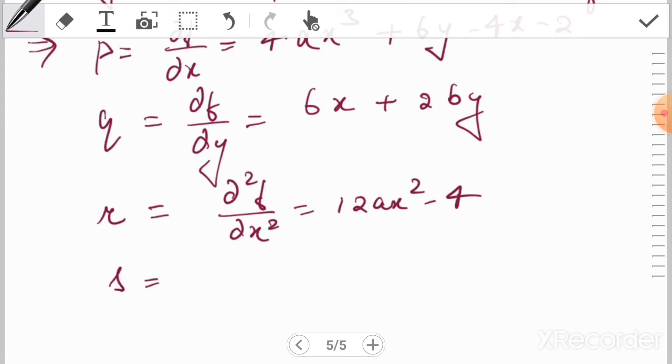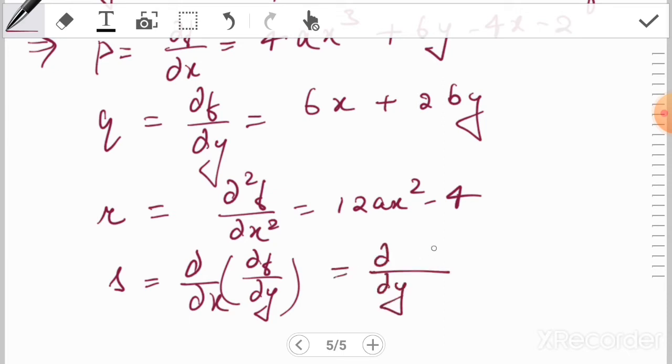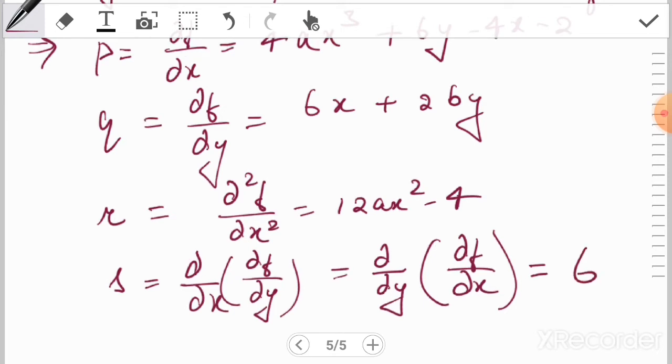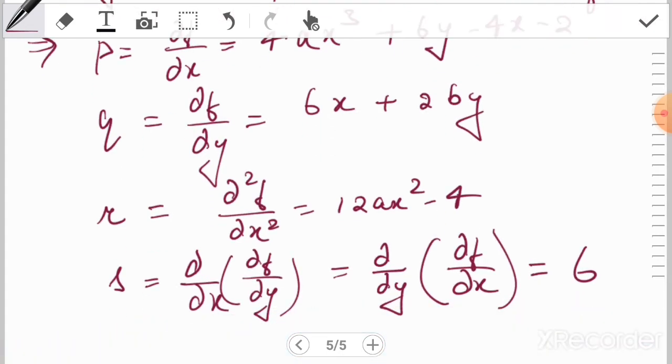Now s, which is 6. Then t is del square f by del y square, which is 2b.